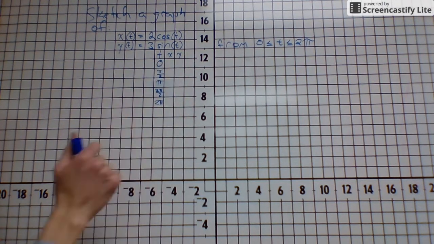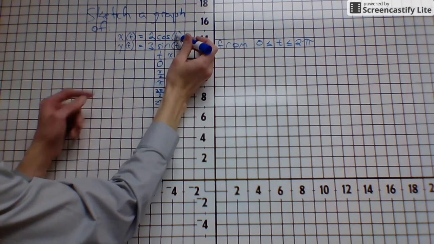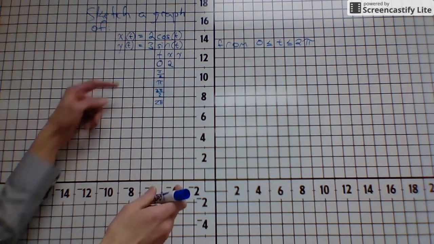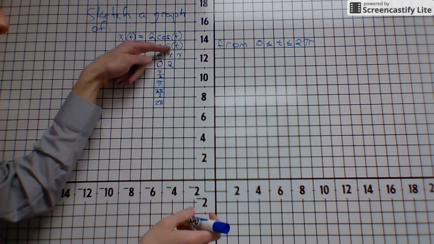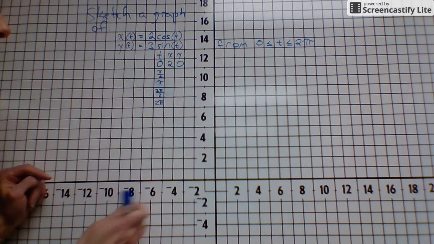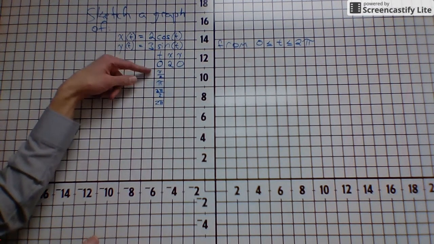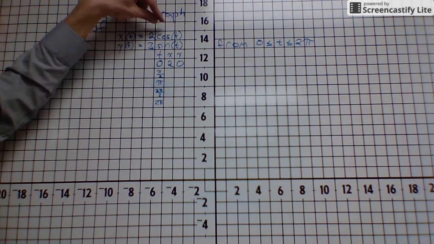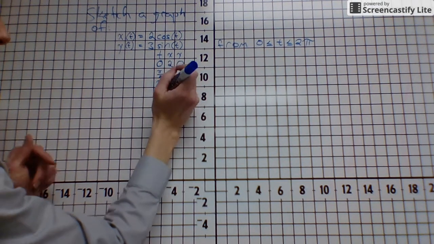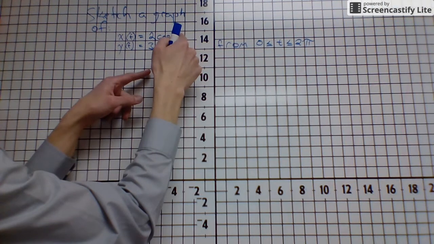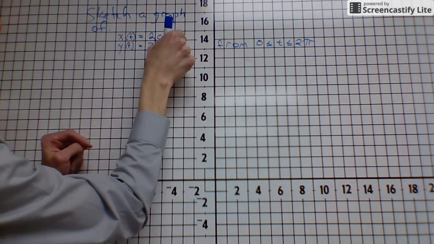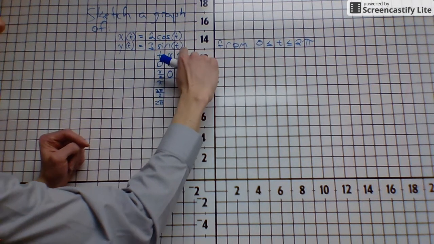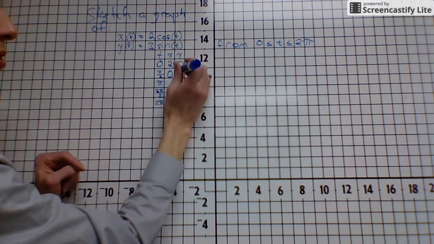When t is 0, find the cosine of 0, multiply it by 2, and that gives us 2. Find the sine of 0, which is 0, times 3, and we get 0. When t is pi over 2, the cosine at pi over 2 is 0, times 2, and you'll get 0. The sine at pi over 2 is 1, times 3.